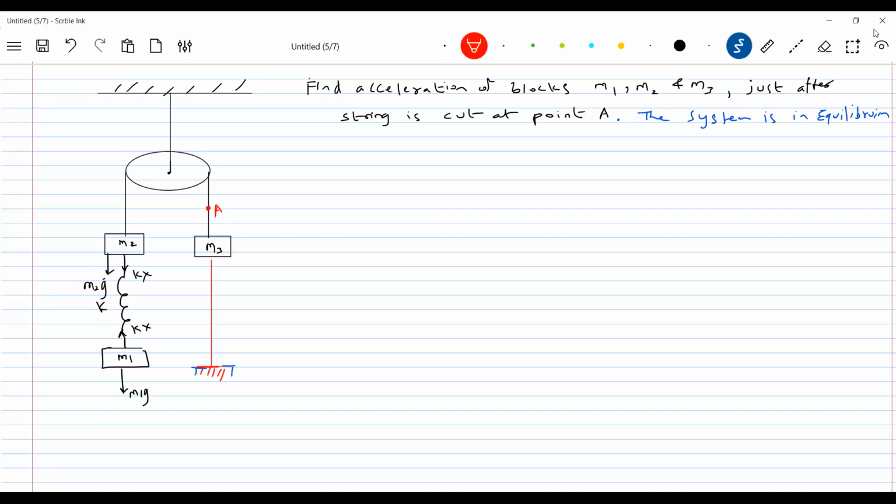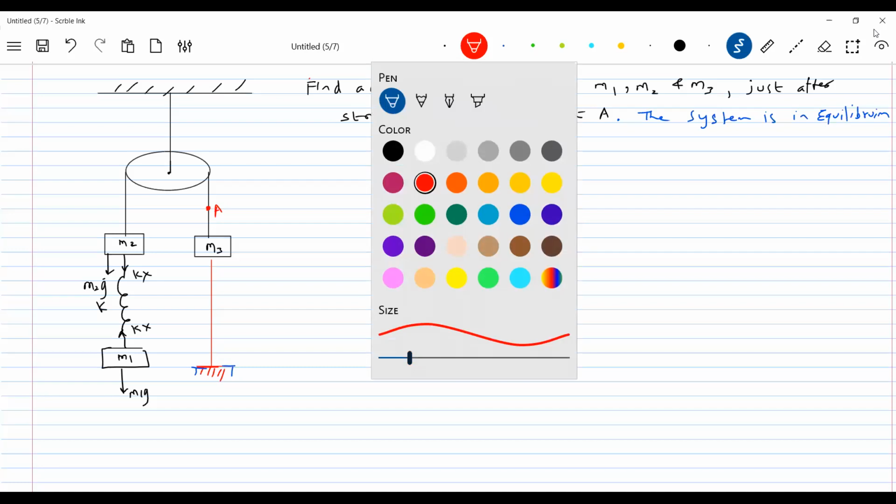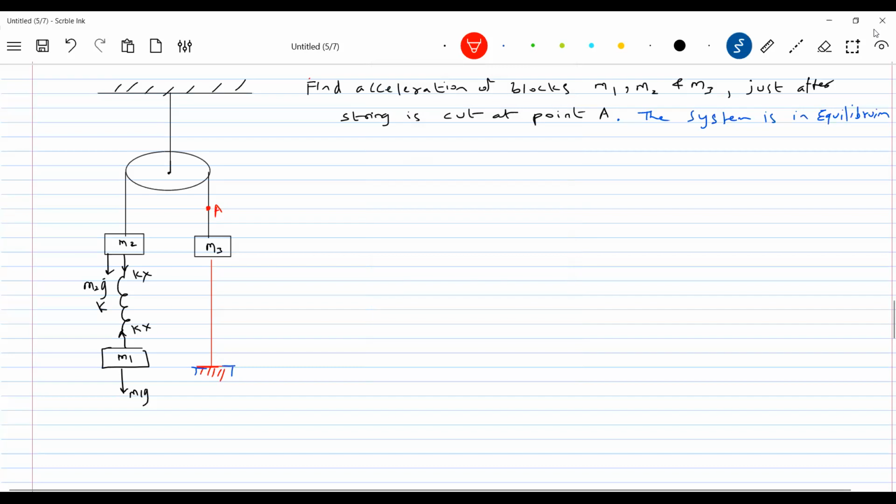And here the tension, let it be T. So initially, let's first show all the things. Here how much will it be? M3g. Here also some tension will act, let it be T naught.